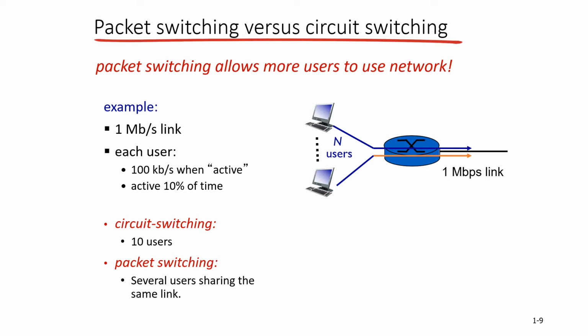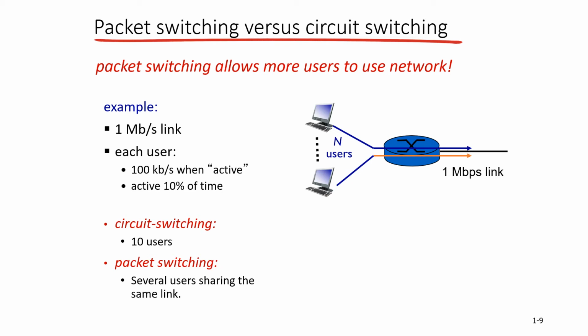If all 10 people are using it simultaneously, obviously it is going to reduce. But because the probability of using the internet, that is the active time, for each user is quite low, that is why packet switching supersedes circuit switching.